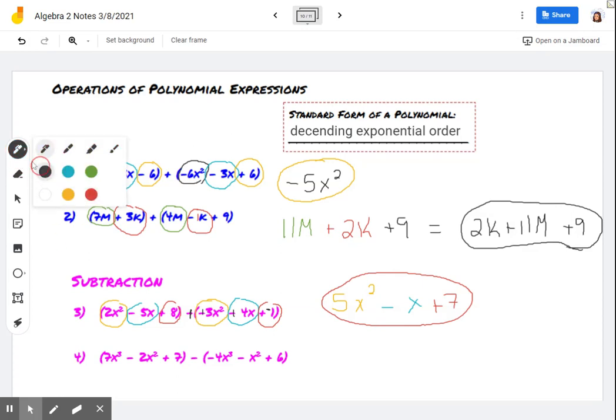So let's do it again. I'm going to change my subtraction sign to an addition sign, and when I do that, change every sign after it. Let's combine some like terms. So 7x cubed, 4x cubed makes 11x cubed.